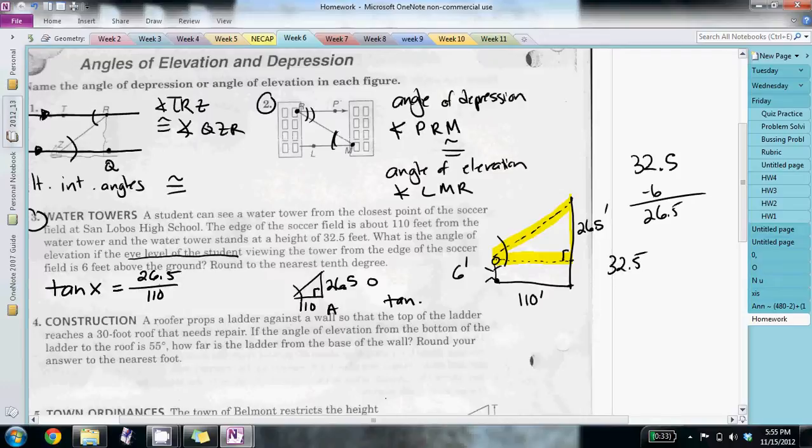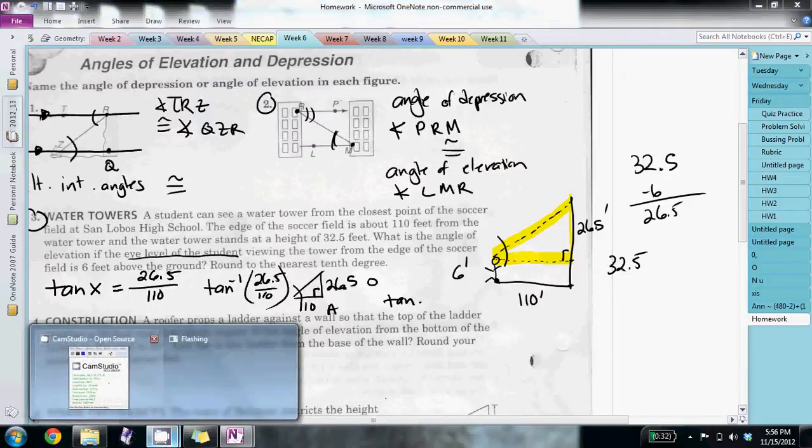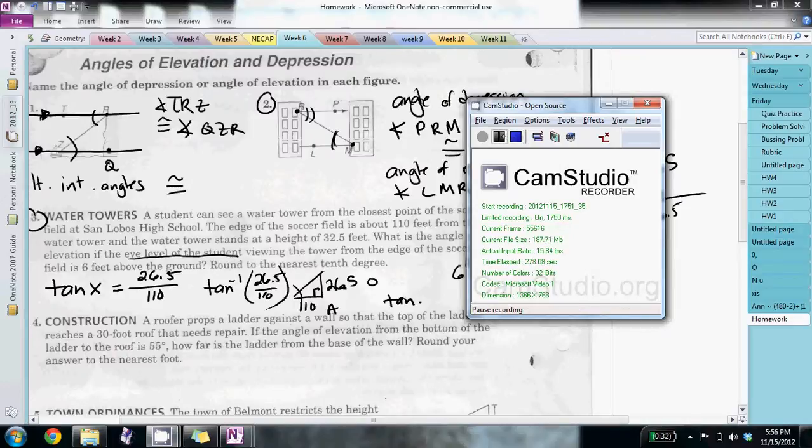Because I'm looking for an angle, I need to use the inverse relationship. So I'm either going to use a calculator, or I'm going to look on my table and find the value of the inverse tan of 26.5 divided by 110. I'm going to pause the recording here for a minute so I can find my trig sheet, and then I'll give you the answer.